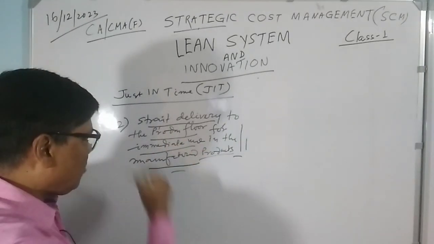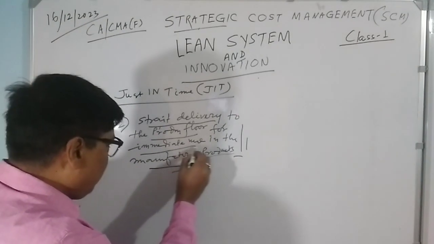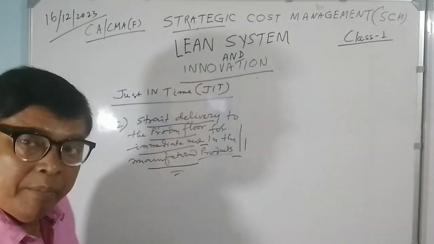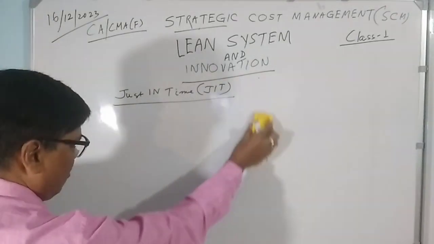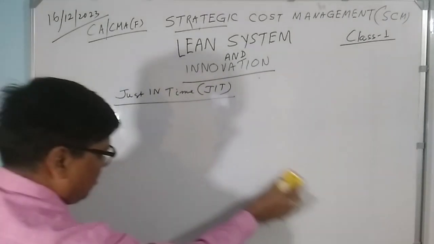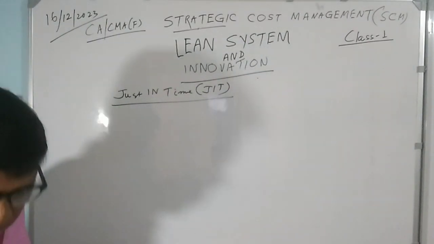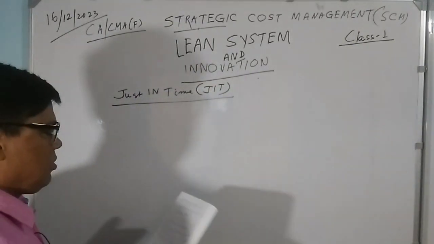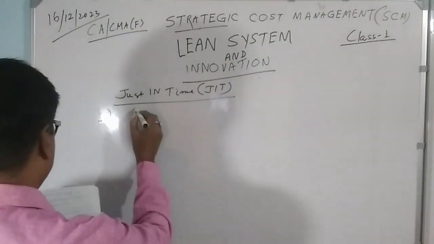Instead of going to your store and recording and then distributing, straightaway it will go to your floor, and from there straightaway it will be utilized for your manufacturing process.